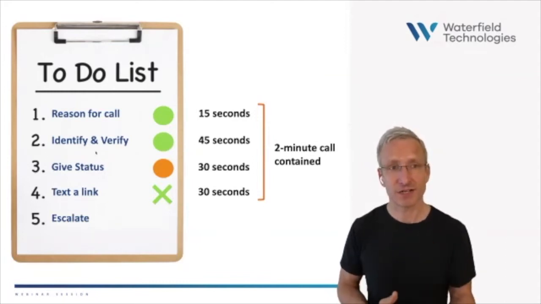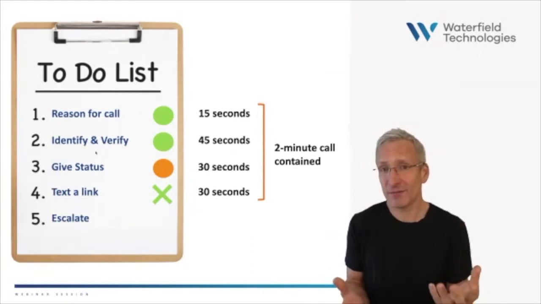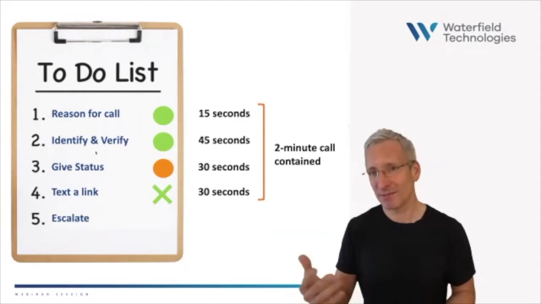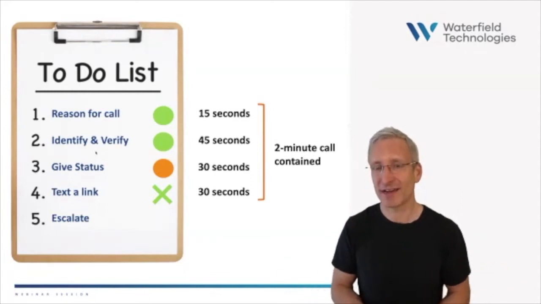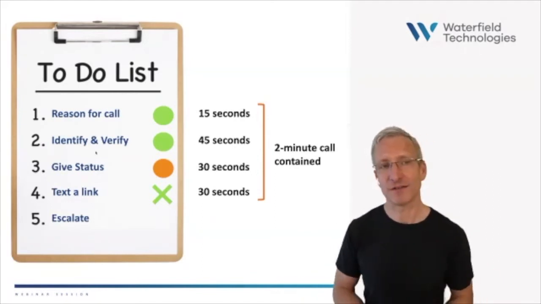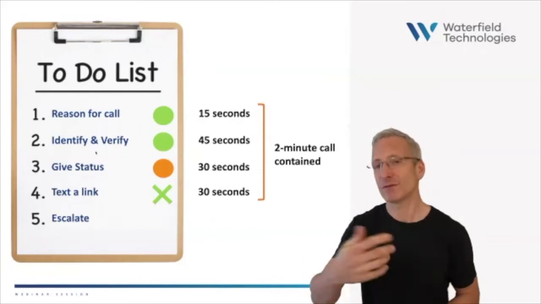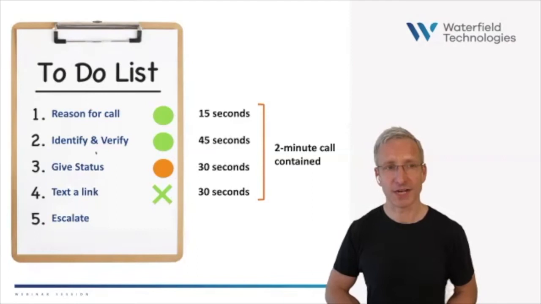Giving a status of an order could take 30 seconds, and it might take the same amount of time for an agent to look up the status and report, well, I'm sorry, we don't have an update on that yet, you'll need to call back. So whether that's complete or flow complete, we've still got 30 seconds benefit there. And then perhaps we text a link so they can follow up on another channel.